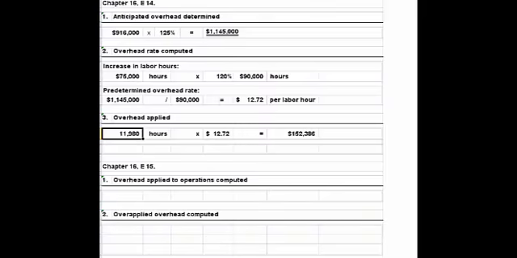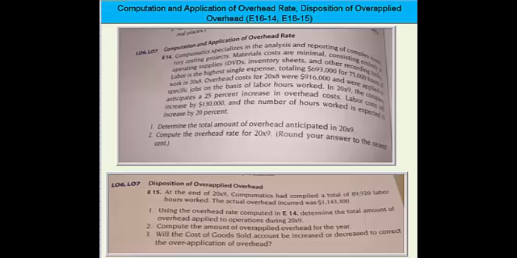exercise 14. Okay, now let's take a look at exercise 15, which says, at the end of 2009, Compumatics had compiled a total of 89,920 labor hours worked, and the actual overhead incurred was $1,143,400.